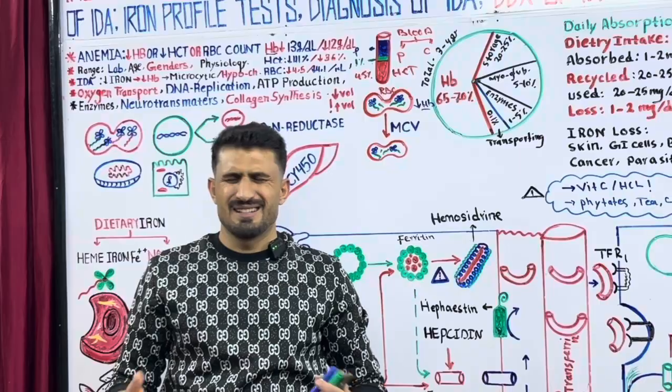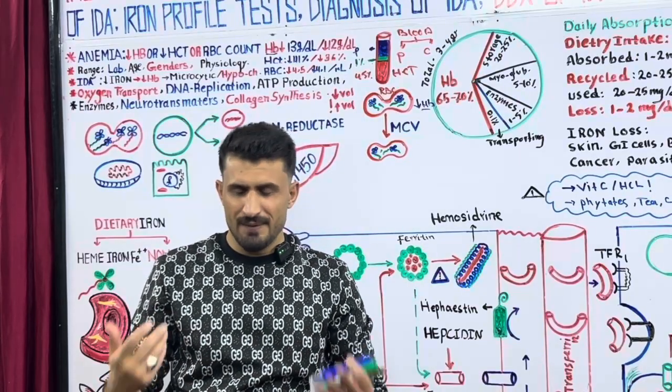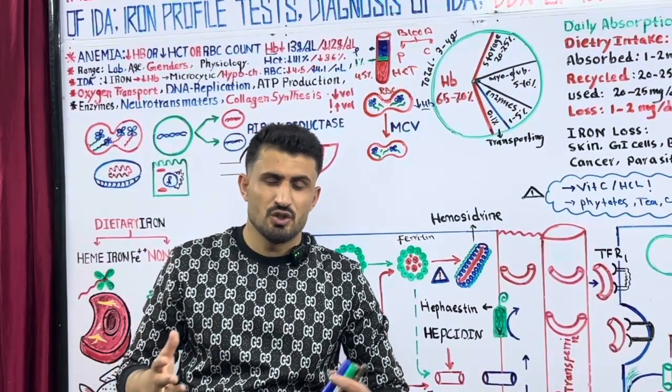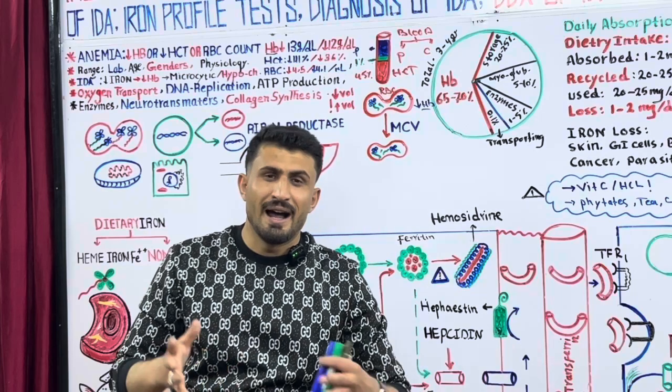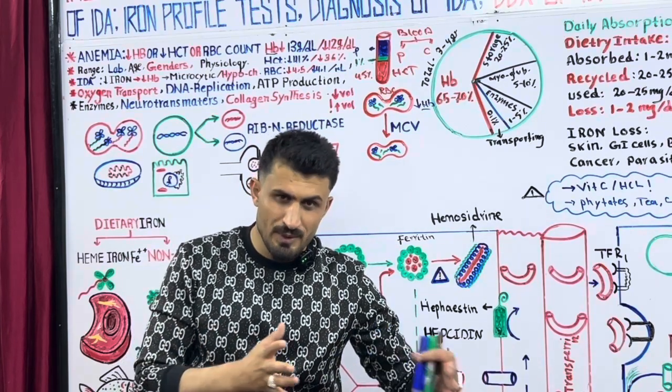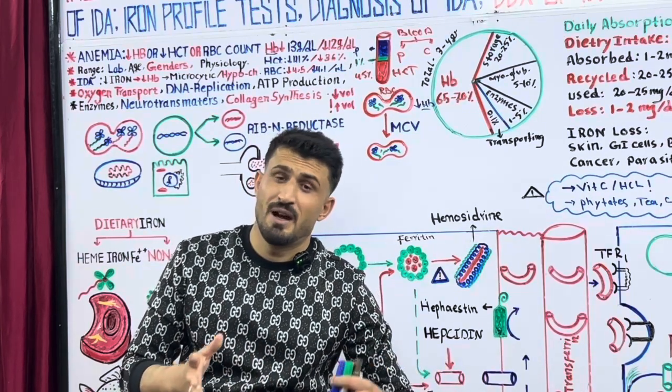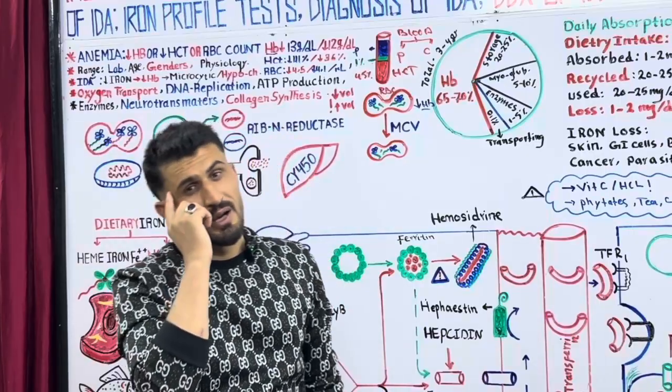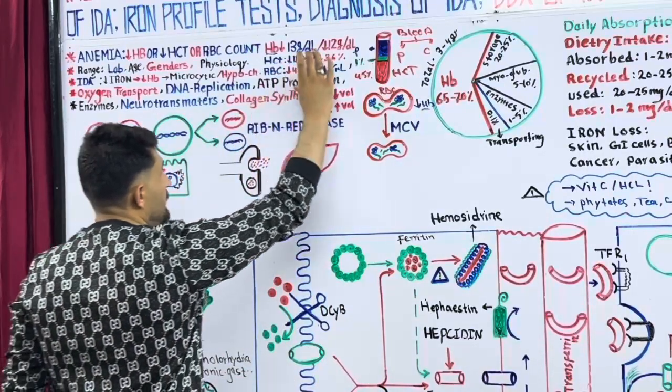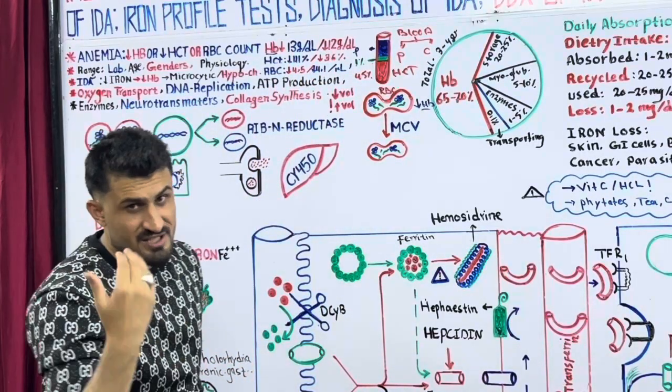So in a nutshell, a simple definition for anemia: when hemoglobin concentration drops below the normal range and hematocrit concentration drops below the normal range, this is defined as anemia.